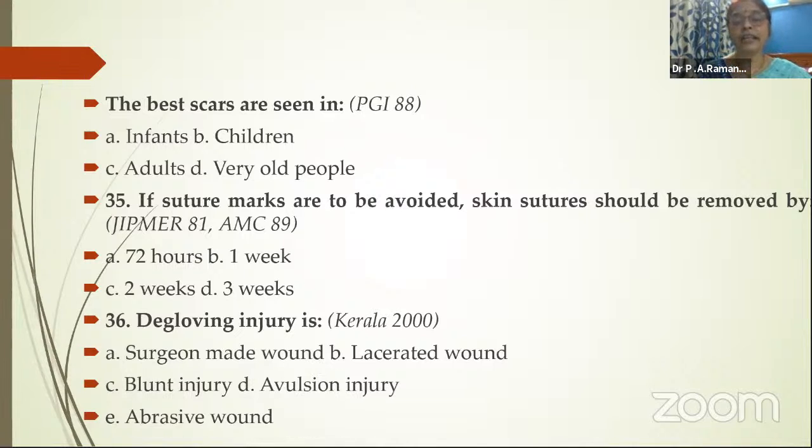What shall we have for the next class, students? Do you have any suggestion? Shall we continue with wounds and wound infections, or shall we go to any specific topic? Do you have any doubts, students?